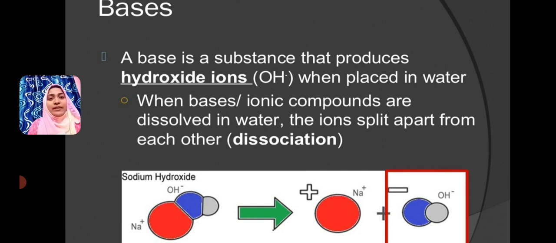Before, I have told you about dissociation. When I put sodium hydroxide inside the water, it will react and split apart, and we will get both ions: the positive ion is sodium and the negative ion is hydroxide.